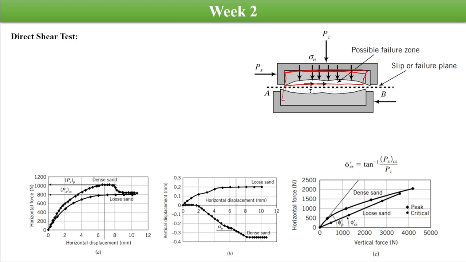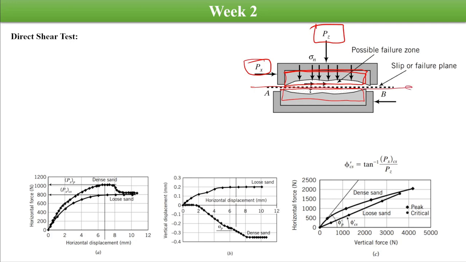There are two parts of the sample, and the upper part of this apparatus is given a shear force, that is Px, and we calculate the friction that is happening, or the resistance which the soil is giving after the application of this shear force. A normal load is also applied on this one. The slip surface here is assumed to be horizontal.